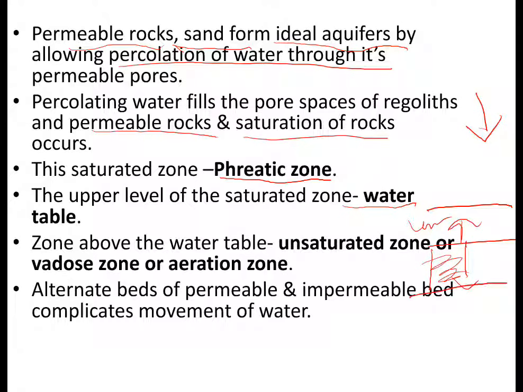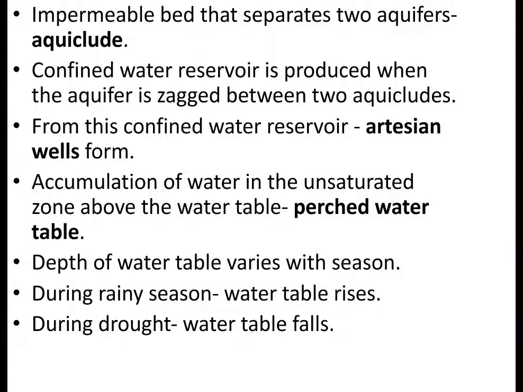Here a permeable rock is there, so water can enter and collect. These rocks are impermeable, or aquitard, so it complicates the movement of water downward and upward. An impermeable bed that separates two aquifers is called an aquiclude, and a confined water reservoir is produced when the aquifer is sandwiched between two aquicludes. Then this confined water becomes artesian wells.